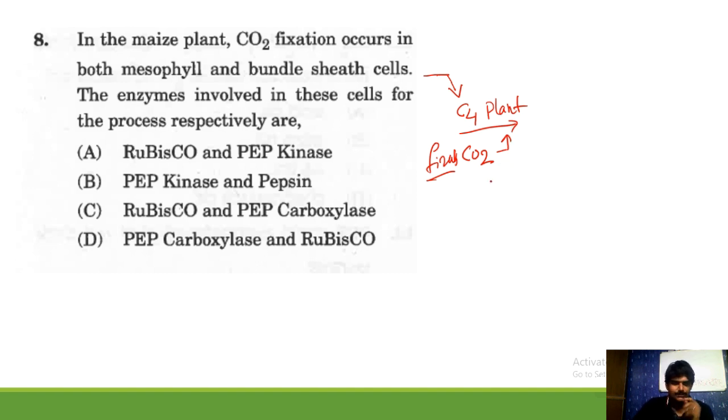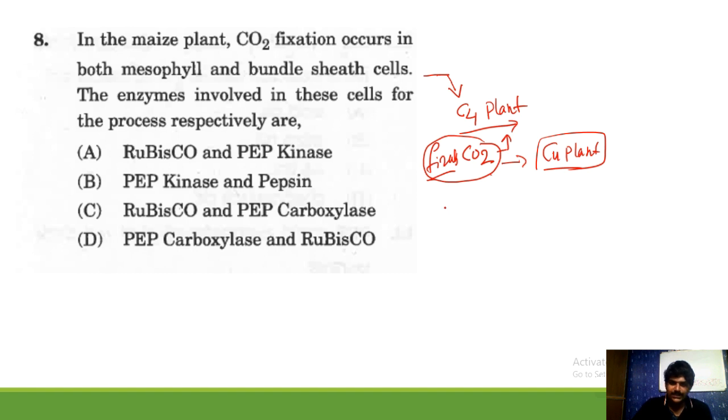Don't concentrate on the maize plant or the process, just concentrate on how the CO2 fixation is going to take place, and what are the two enzymes in the C4 plant which are active for CO2 fixation.